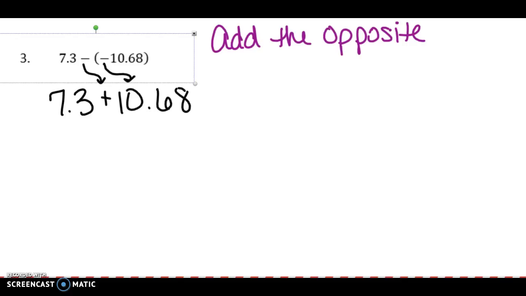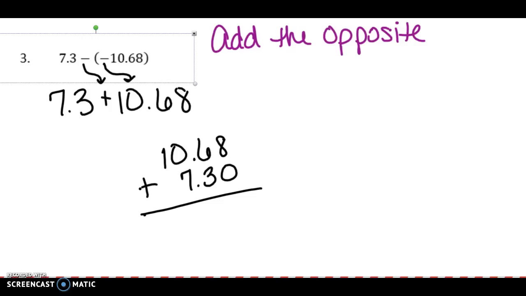So 7.3 plus positive 10.68. Now I can line up the decimal points. They're both positive, so that's pretty easy. So I'm just going to say 10.68 plus 7.30, because I'm lining up my decimal points, and add. Final answer, 17.98.